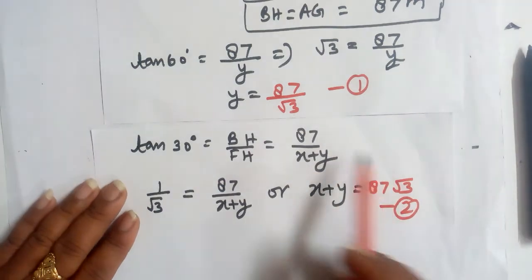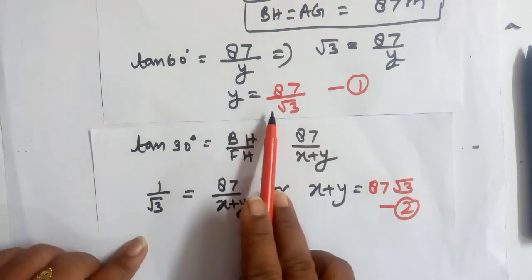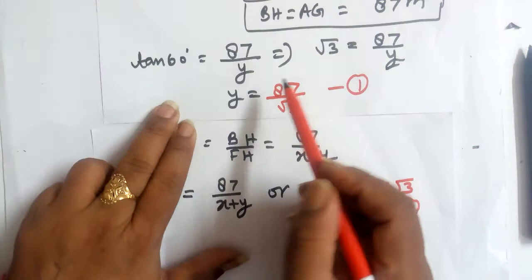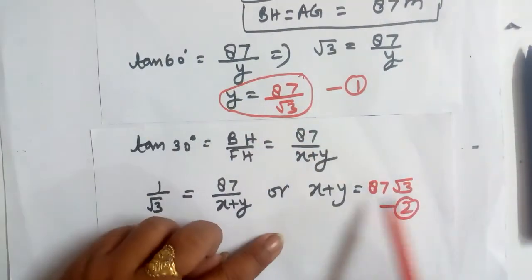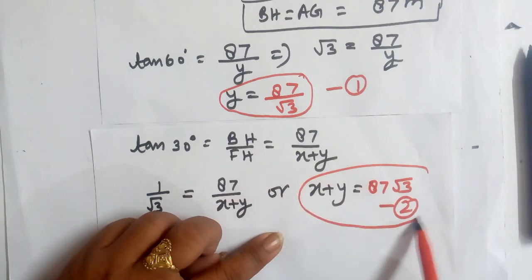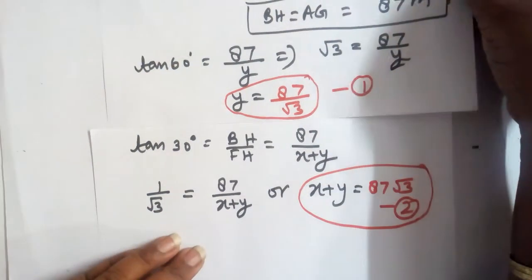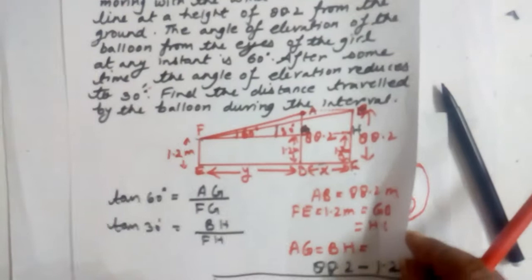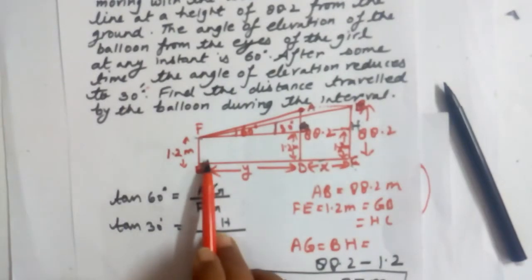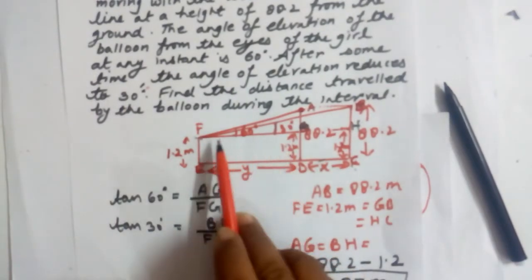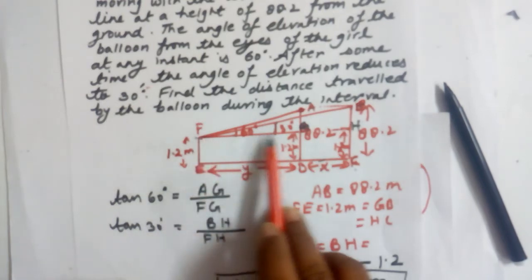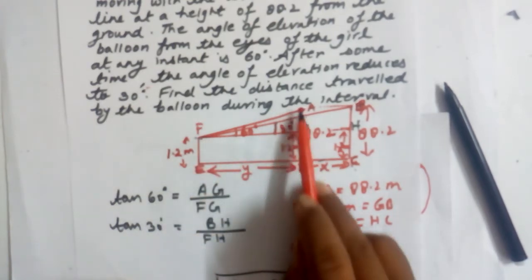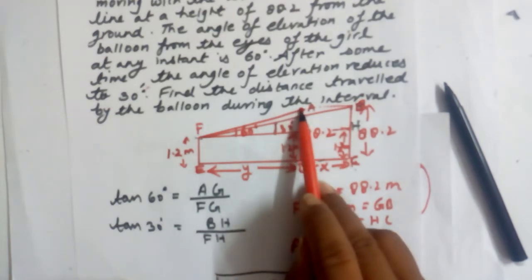So we can see here the value of Y is 87 upon root 3, and the value of X plus Y is 87 root 3. Let's see again what is Y. Y is the distance from E to D, means from the eye of the girl to the point where the balloon is in the wind.